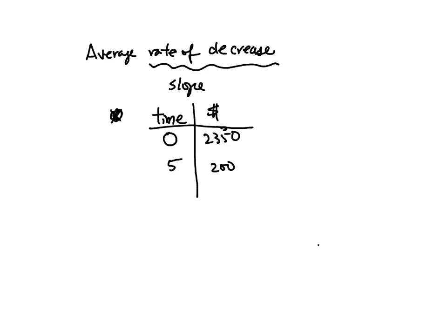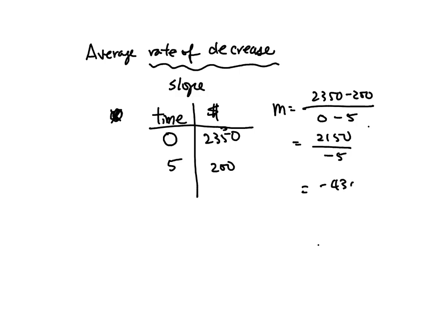So the slope formula says 2350 minus 200 over 0 minus 5. This is 2150 over negative 5, which means I'm going to use a calculator. I'm not going to do this in my head. This is going to be negative 430.